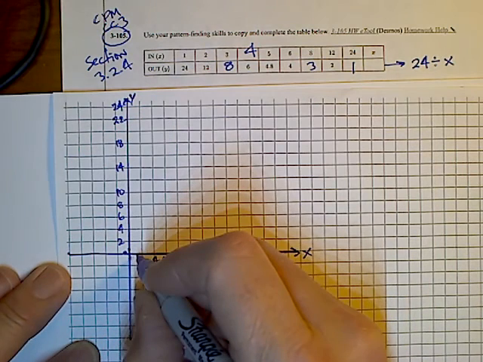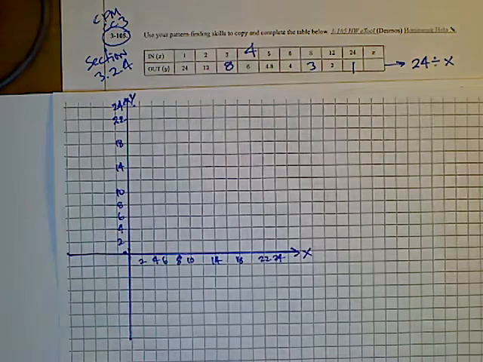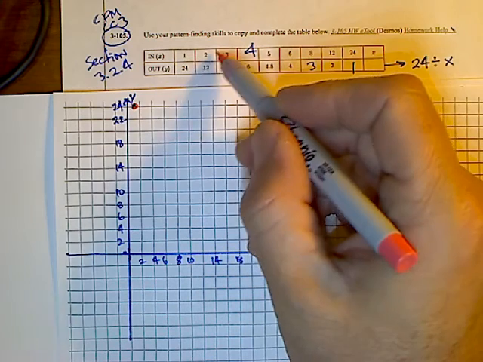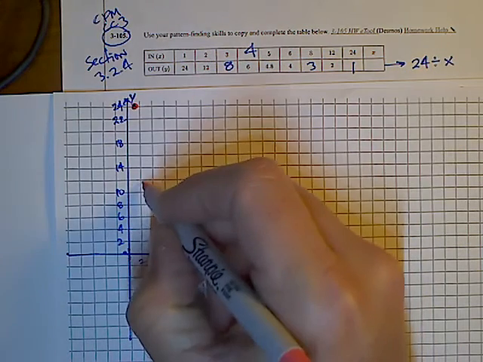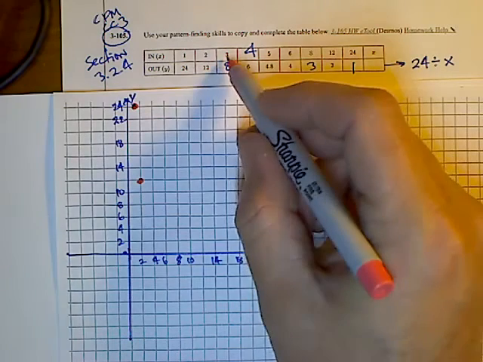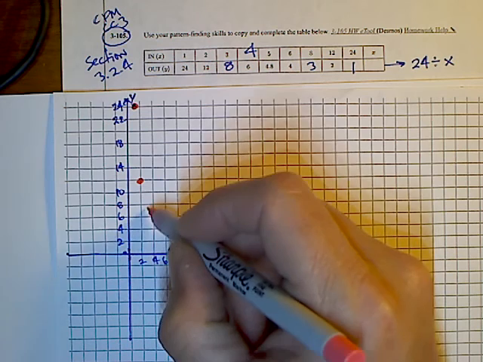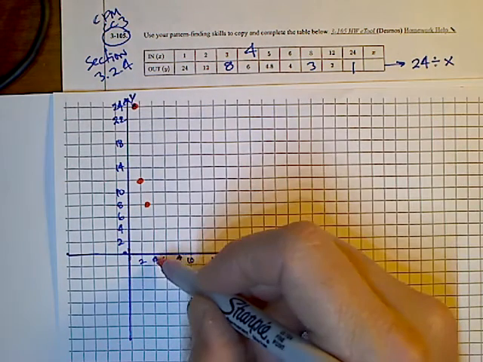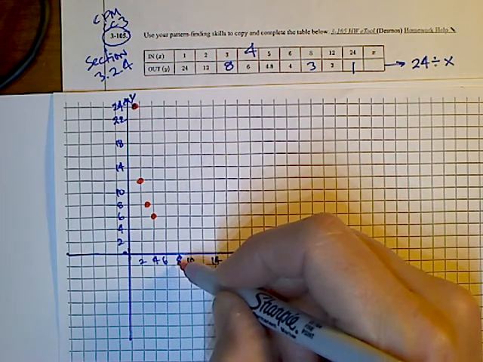And if I'm labeling my axes, let me get my graph next to my table of values here. There we go. I'm labeling my axes. I'm going to go up by 2s: 2, 4, 6, 8, 10, 12, 14, making some space, 16, 18, 20, 22, 24 is up there.